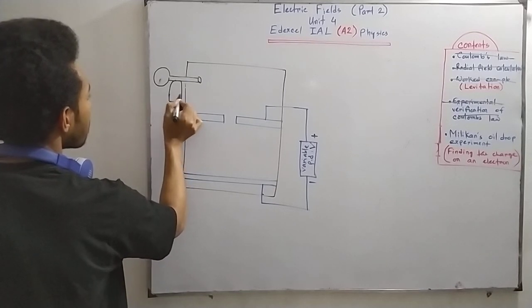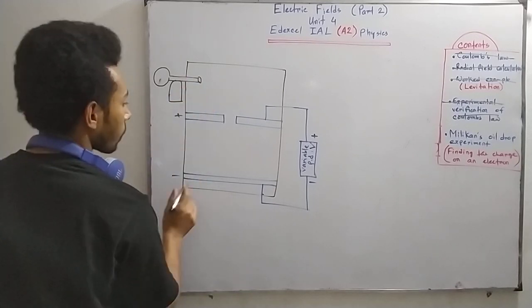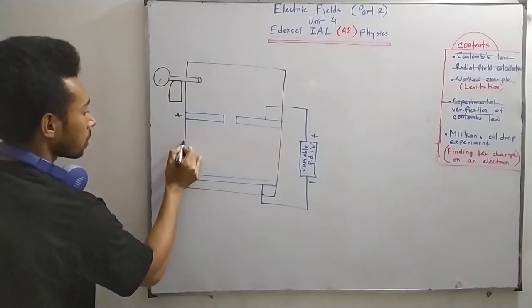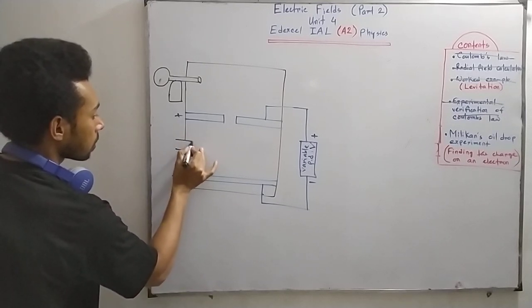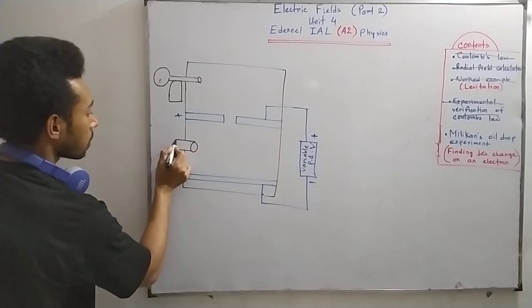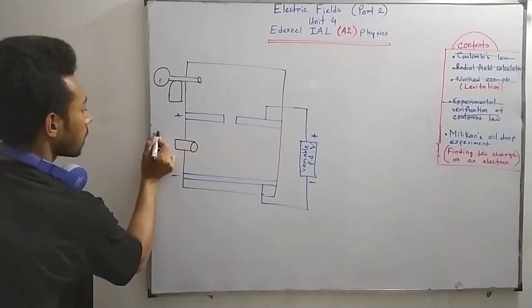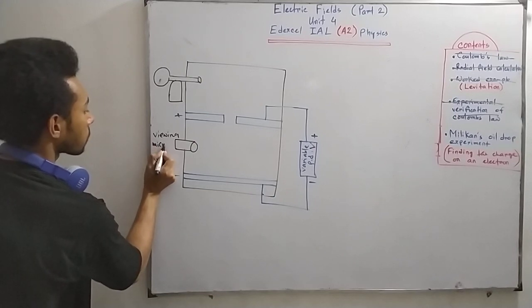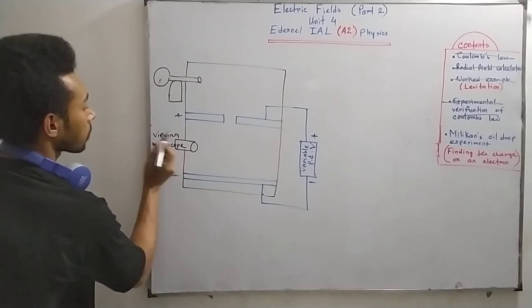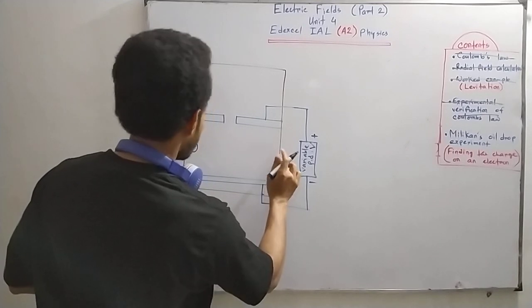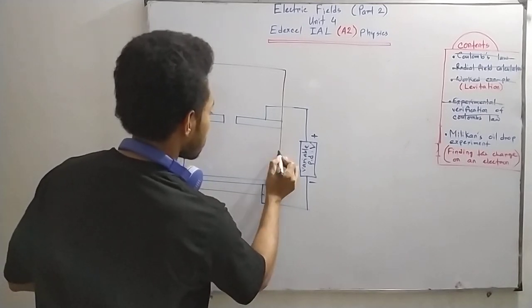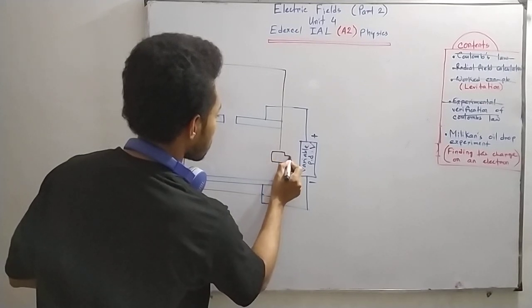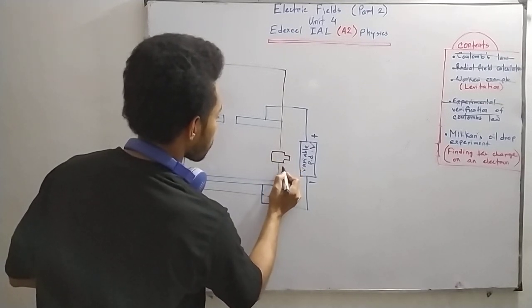A container of oil, this is a viewing microscope, and there was a light source here.